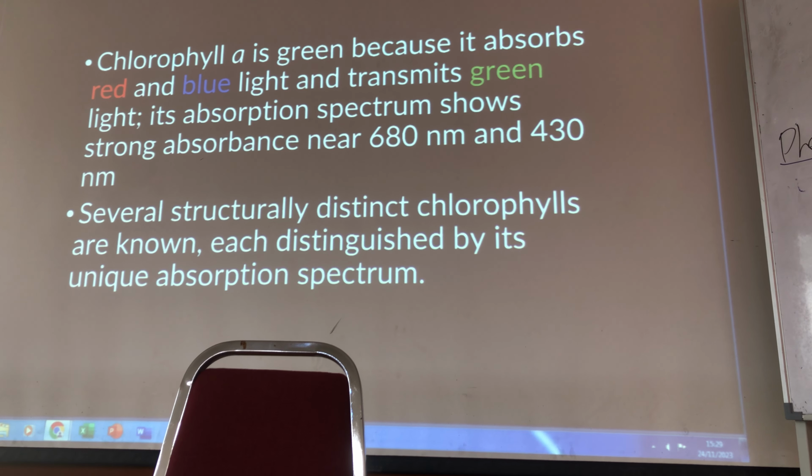Do you know the difference between chloroplast and chlorophyll? Do bacteria have chlorophyll?